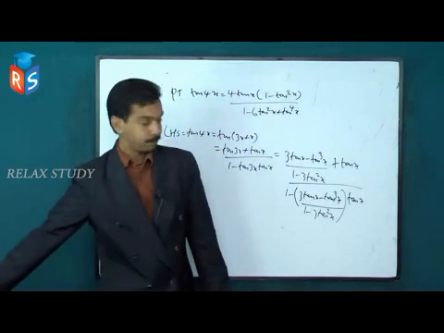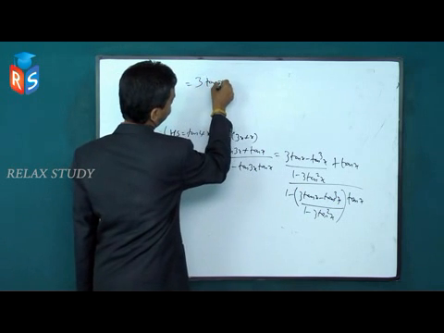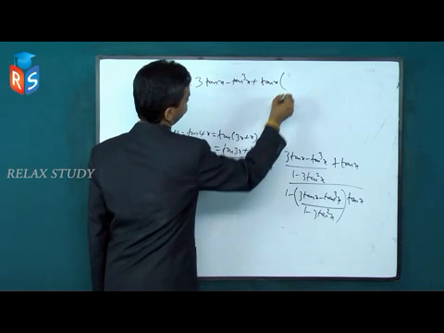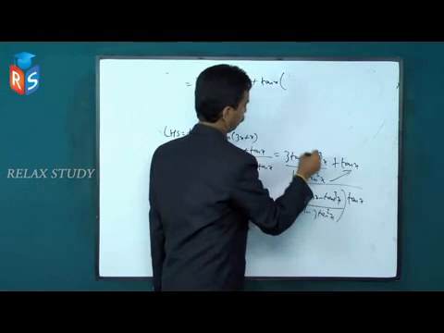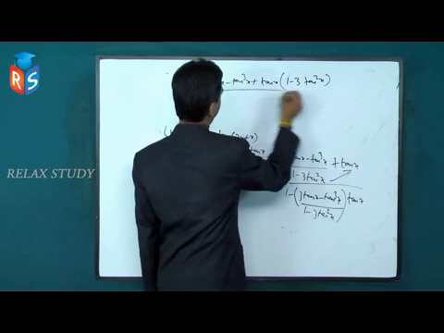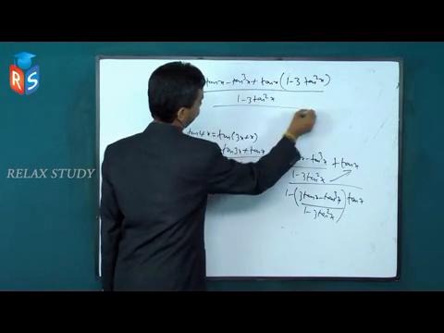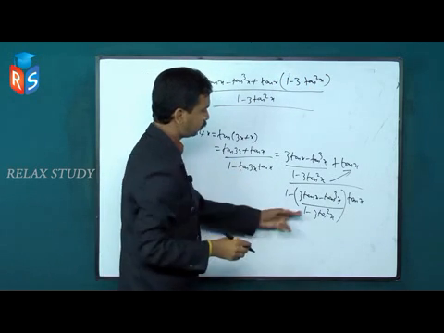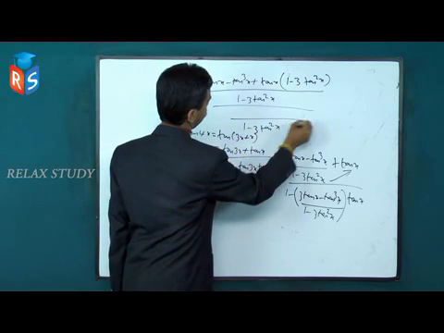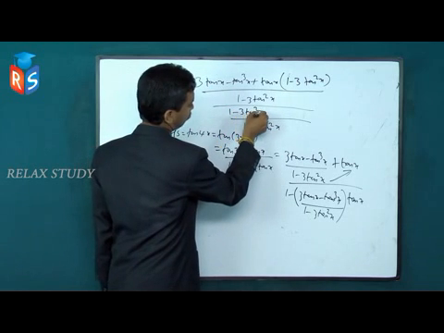Here we have to take the LCM and simplify. 3 tan x minus tan cube x plus tan x into (1 minus 3 tan square x), all divided by (1 minus 3 tan square x), divided by, here also taking the LCM, (1 minus 3 tan square x) minus (3 tan x minus tan cube x) tan x.